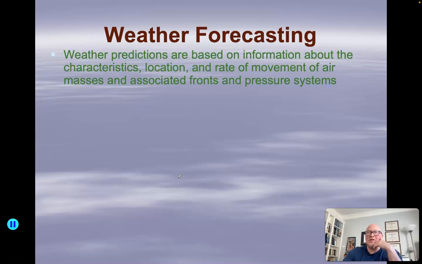But using weather patterns and the strong computing power that we have with our computers, we can forecast what the weather is going to be based on patterns and data.